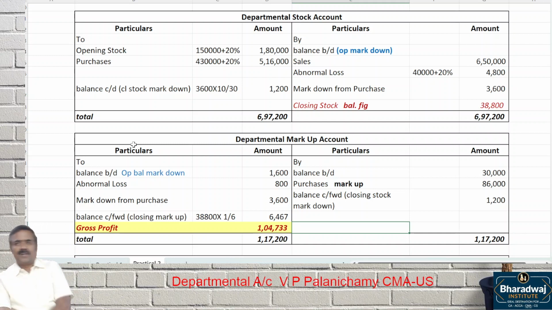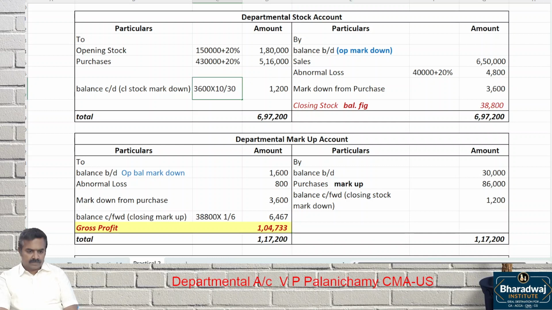So if this question is asked, in 5 minutes you get 10 marks. Adjust the closing stock. 30,000, 3,600 marked, 10,000, 10 by 30.